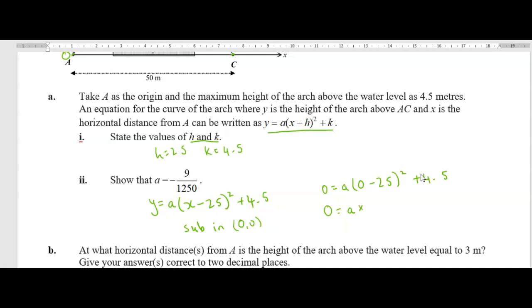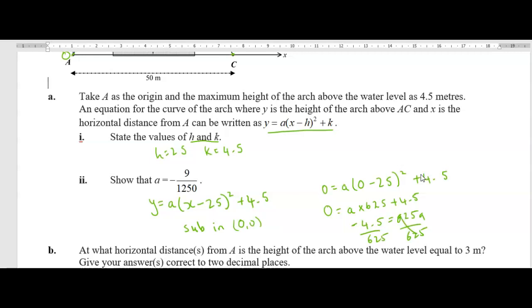So A times 625 plus 4.5. Let's bring that 4.5 over, so it's negative 4.5 equals 625A, then divide both sides by 625.